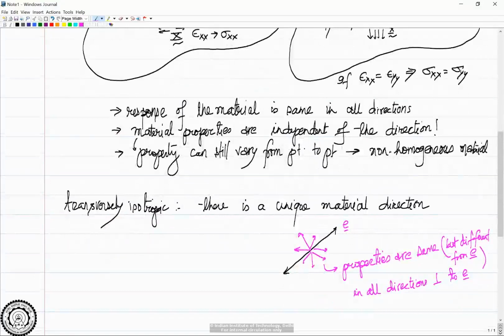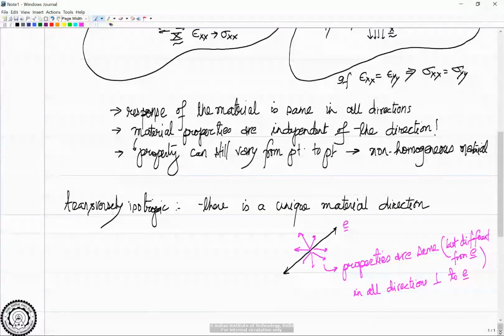So that's the transversely isotropic material, and you can now see why we call it transverse. There is a unique direction, and transverse to that direction, it's isotropic. It's the same in all directions transverse to that unique direction. Therefore, we call it transversely isotropic. And then you also must be knowing about orthotropic material.